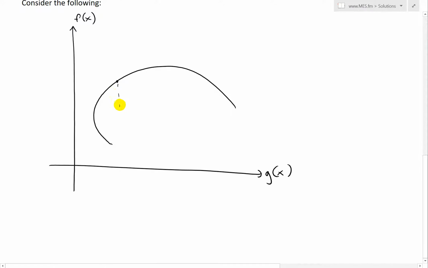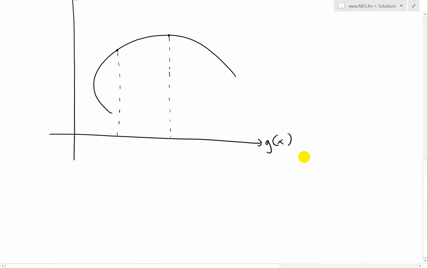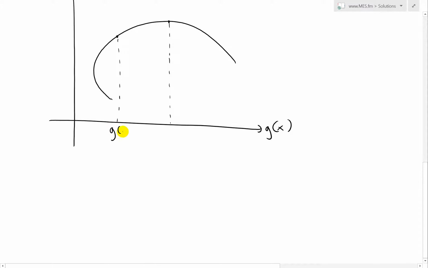So from here, we're going to try to find out the same exact thing. That's our x value, and then let's say we move by an increment of h up to here. This is the x value, but the coordinate is g of x, so this is g of x. And then we increase x by h, so we get g of x plus h.